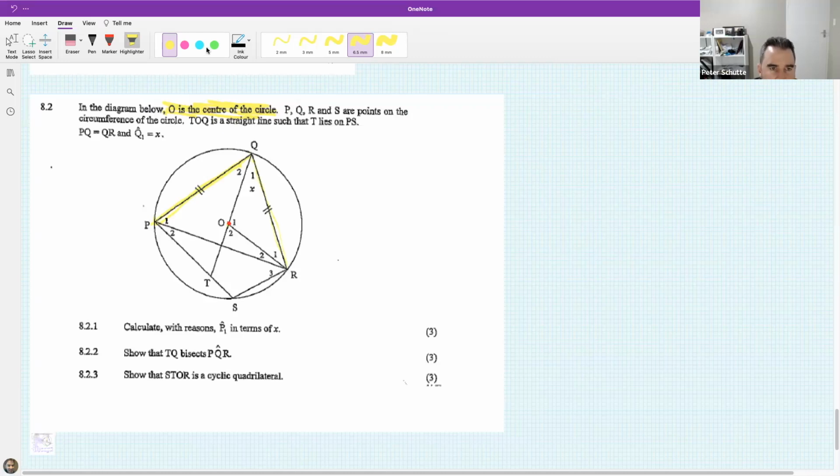And they say Q1 is x. You have to find P1 in terms of x. See if you can do that. Find P1 in terms of x.